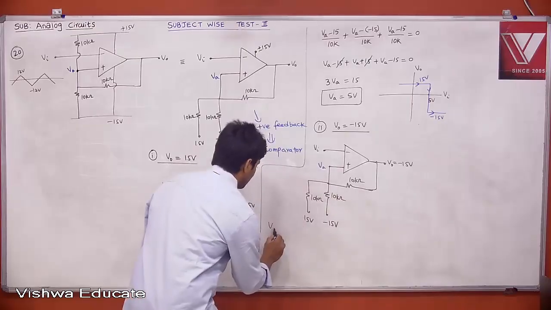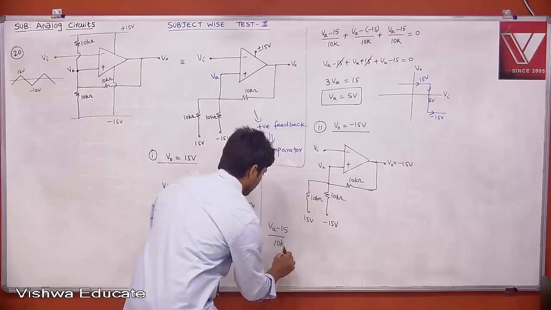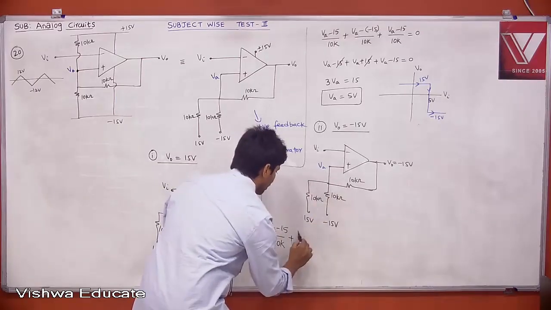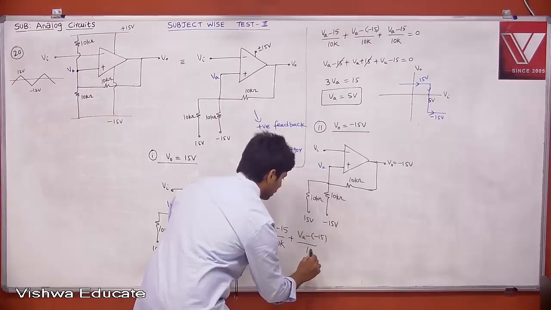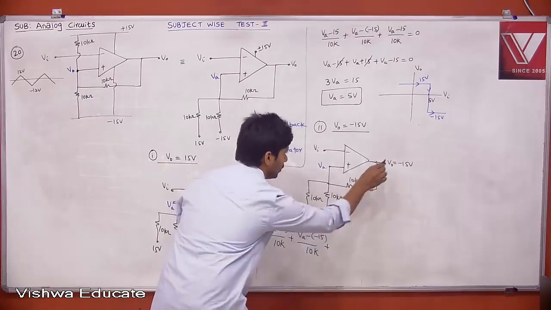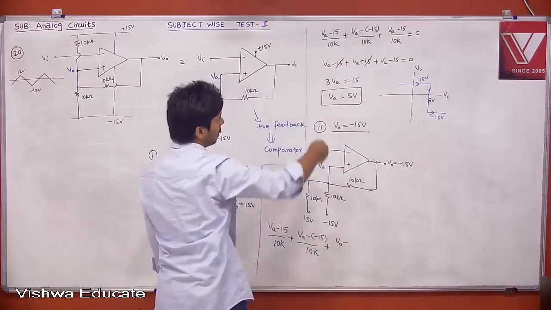VA minus 15 divided by 10K plus VA minus of minus 15 divided by 10K plus VA minus of minus 15 divided by 10K is equal to 0. Actually, I would have taken V0, then we would have substituted it.